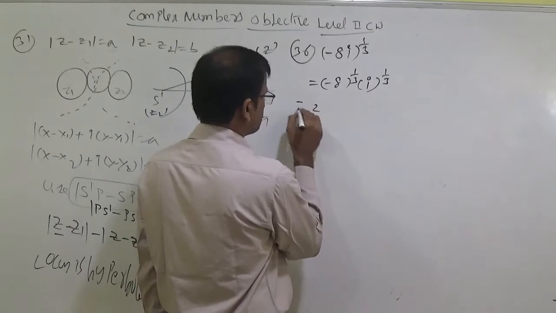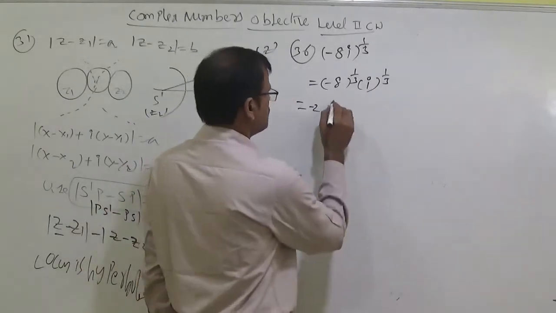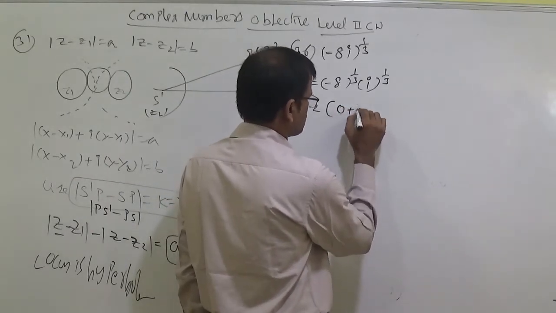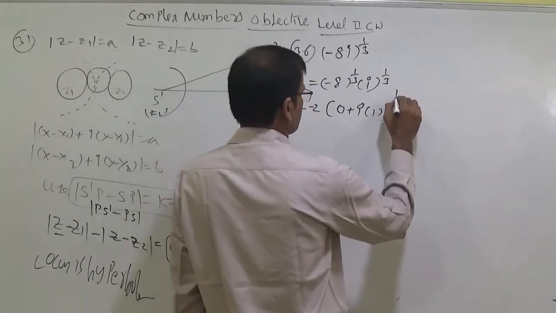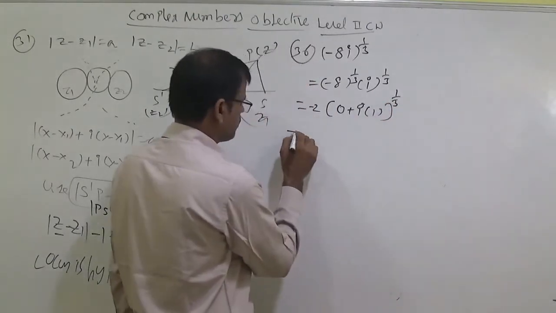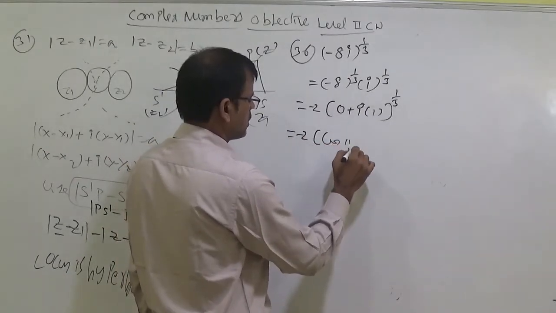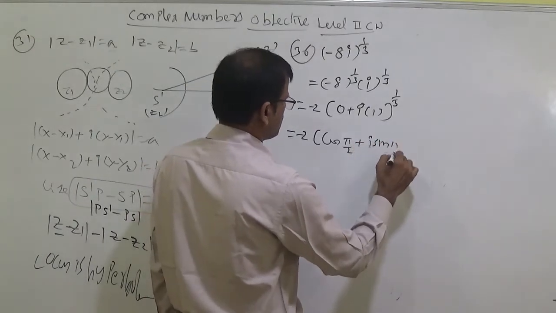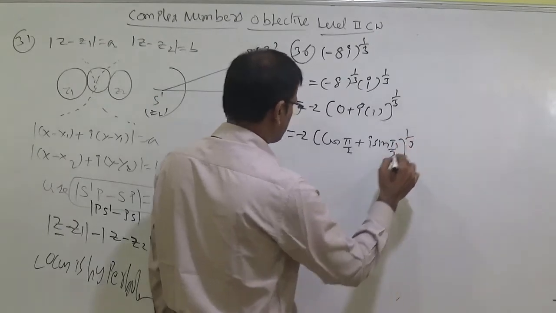You can understand minus 8 power 1 by 3 as minus 2. Write i as 0 plus i into 1, which is cos pi by 2 plus i sin pi by 2, whole power 1 by 3.